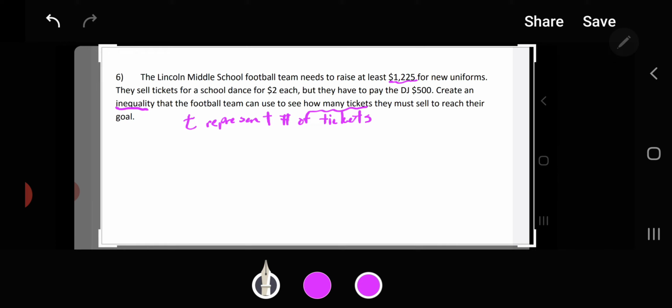Okay. We're looking at an inequality here. They sell tickets for $2 each, but they have to pay the DJ $500. So we need their profit, of what they made, to be greater than or equal to the cost of the new uniforms.